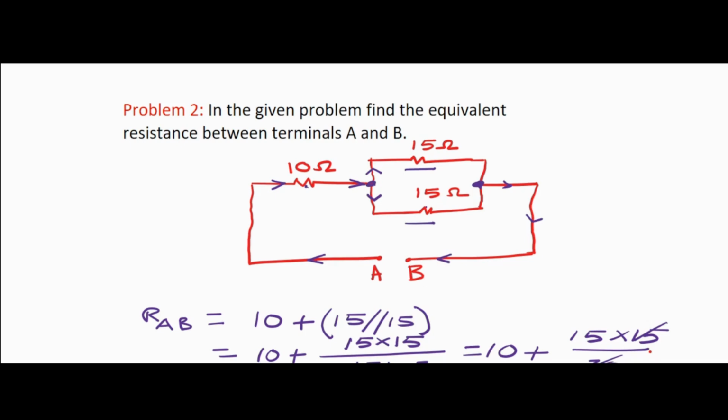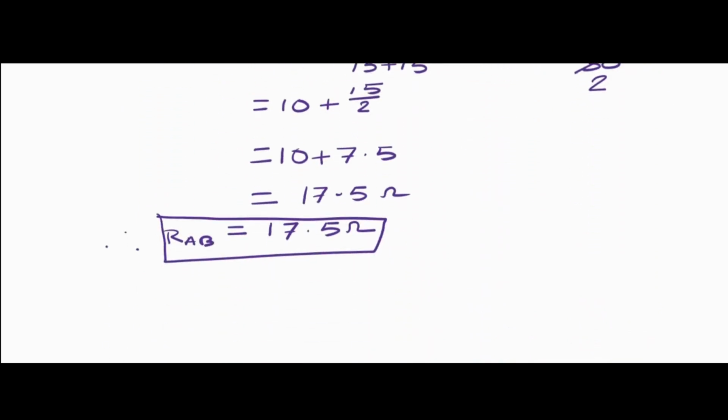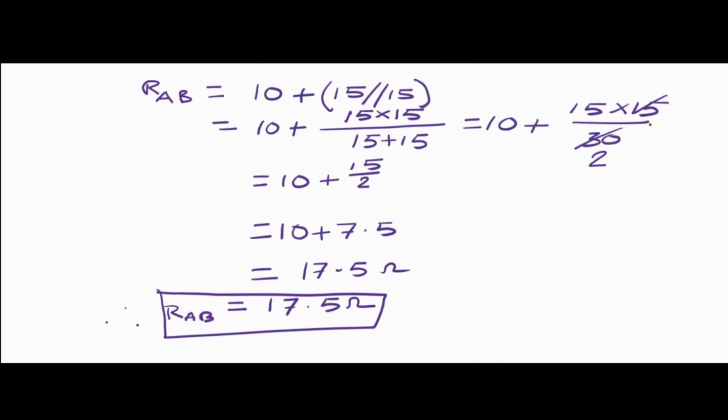As these two currents are distributed at this point, the two 15 ohm resistors are in parallel. After calculating the 15 ohms parallel combination, we add the 10 ohms and get the result. That is 10 plus 15 parallel 15.